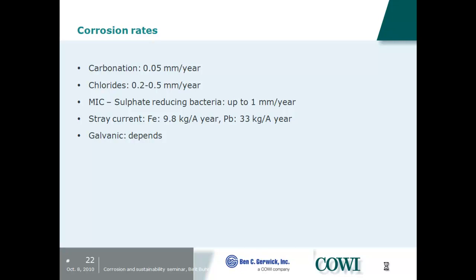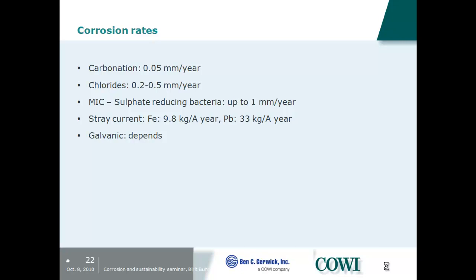Stray currents are a real challenge in this respect, because the corrosion rate in relation to stray currents is directly proportional to the current that you have from the outer source. Iron would go into solution at a rate of 9.8 kilos per amp per year.